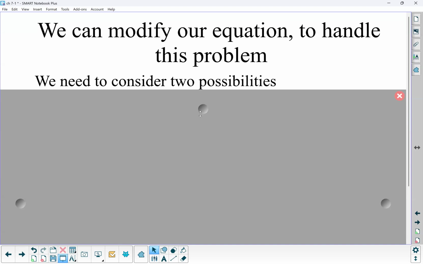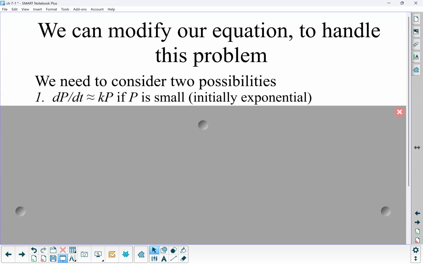We would want to consider two possibilities. Initially, the derivative of population with respect to time is going to equal some constant times p, or roughly equal that, if p is small. So initially, population growth is exponential.